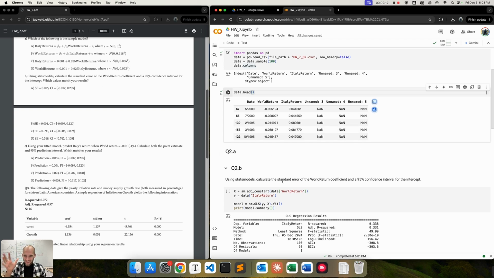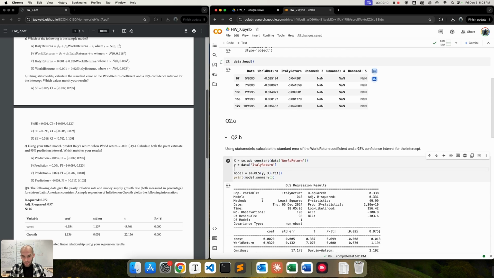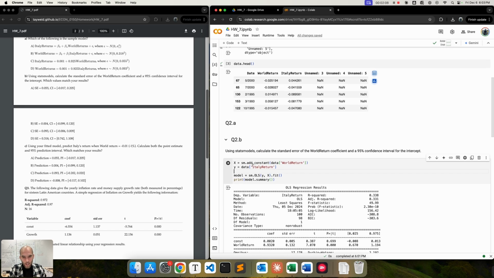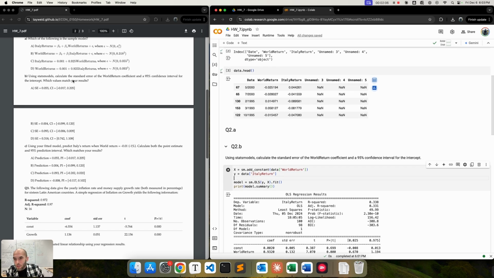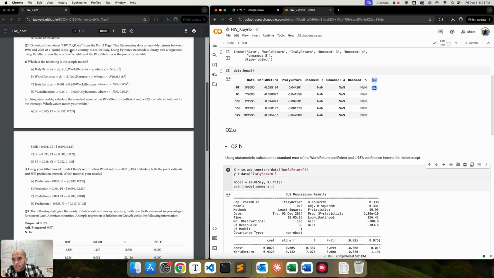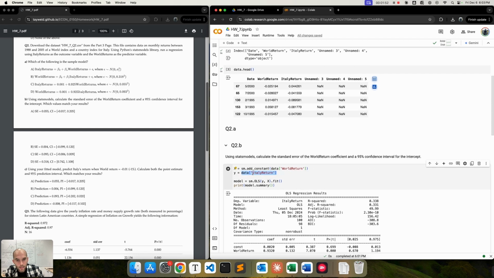Okay, so the way we find this is we run the model. What we're doing is we want to run a regression using Italy returns as the outcome variable. So this is going to be our y variable. So we put Italy return as the y variable. This is our syntax for taking the column for Italy return from the data set.